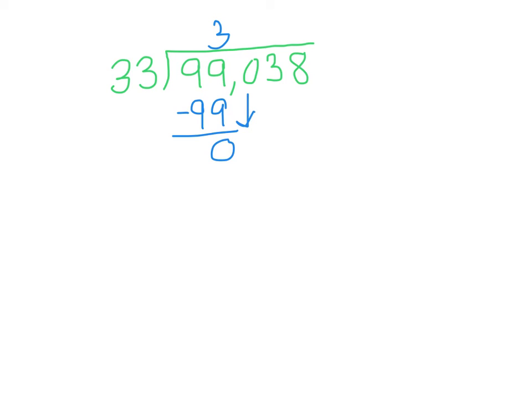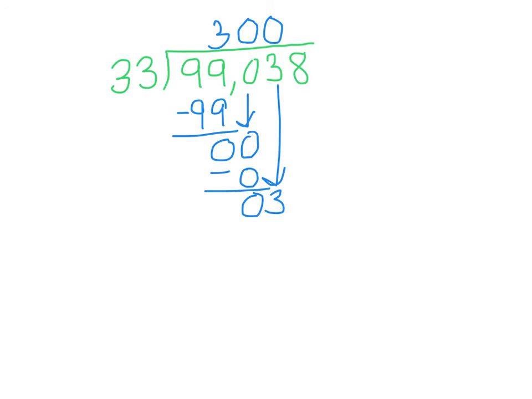I bring down this 0. So 33 goes into 0 times. Make sure you put that 0 up there and don't just skip it. 0 times 33 equals 0, and I subtract and have 0.